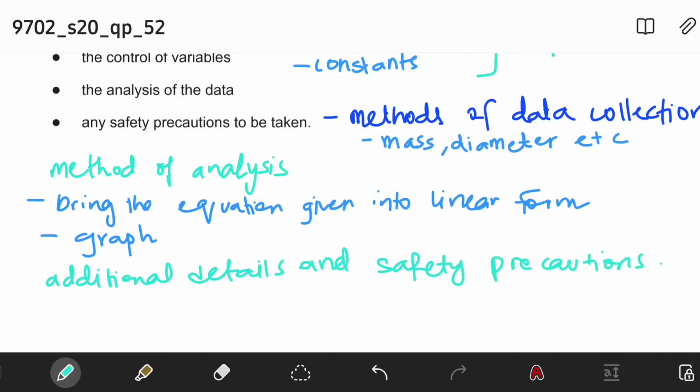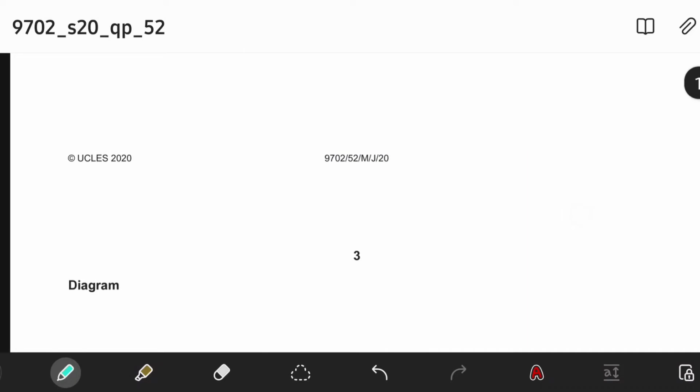For this heading, we will see specifically for this question. So let's start making the diagram and writing our answer.